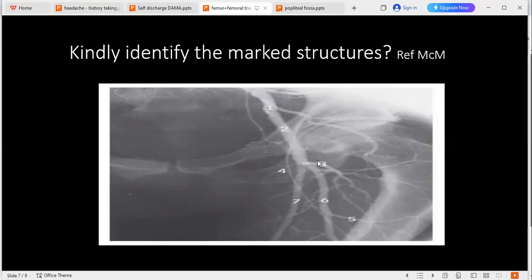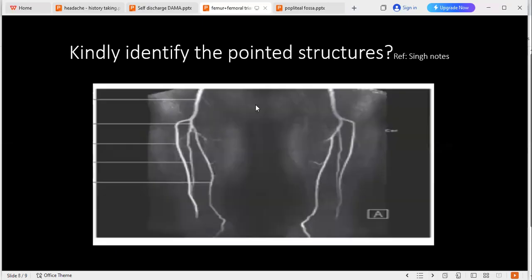Okay, femoral artery. 3 and 4. 3 lateral circumflex femoral artery, 4 medial circumflex femoral artery. 5, 6, and 7. 6 is the deep femoral artery or profunda femoris artery, 5 perforating artery, 7 superficial femoral artery.